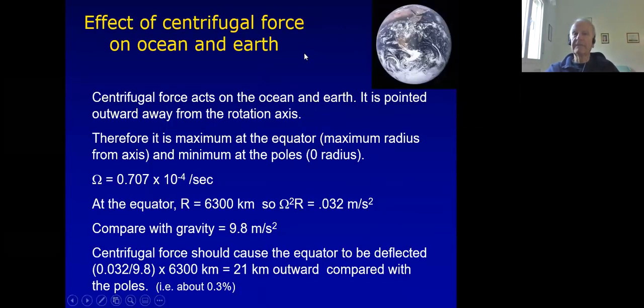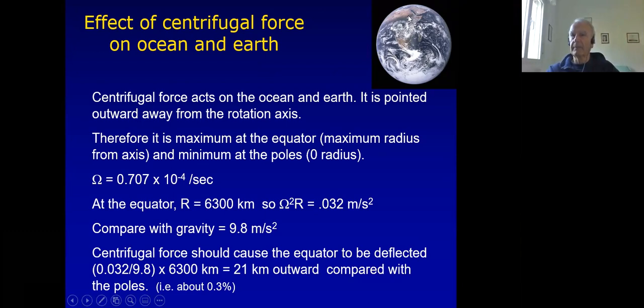So what is the effect of the centrifugal force on the ocean and Earth? Centrifugal force acts on the ocean and Earth, and it is pointed outward from the rotation axis. So that means at the equator it is pointed this way. Here in mid-latitude it is pointed here.